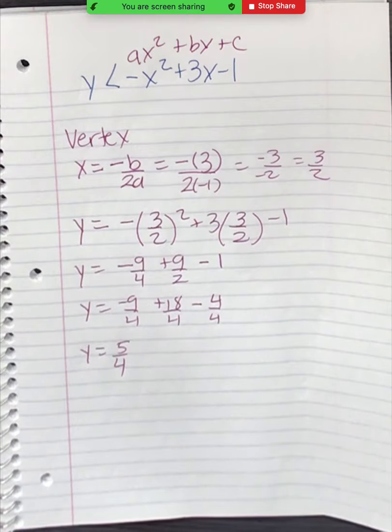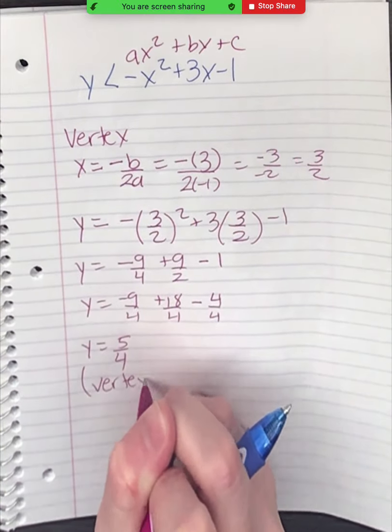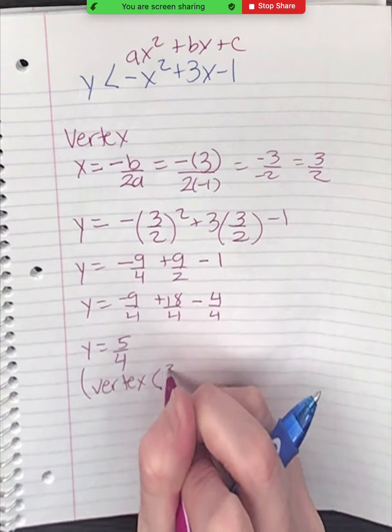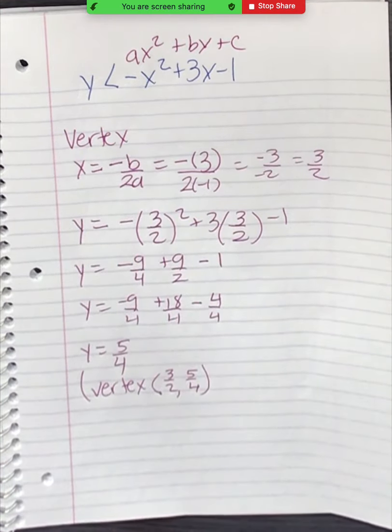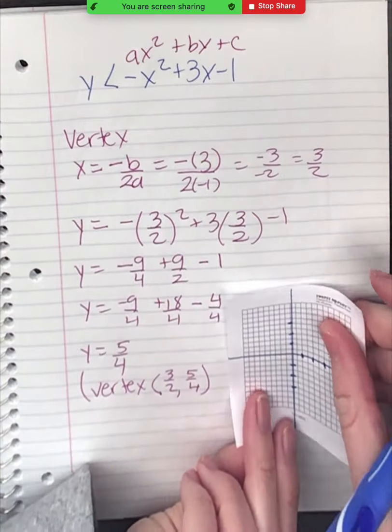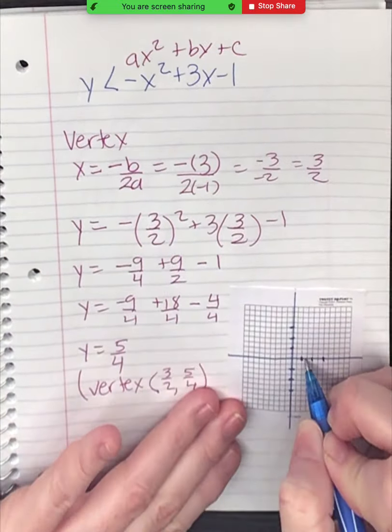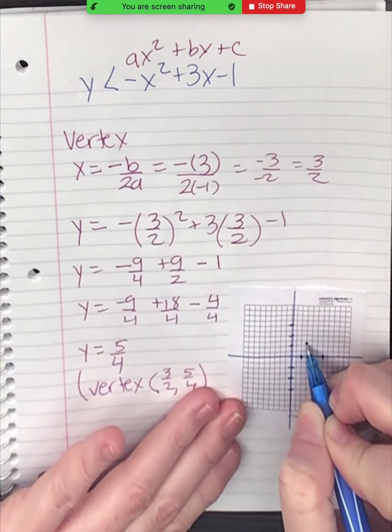Okay, so your vertex is at 3 over 2, 5 over 4. So that's 1 1/2, 1 1/4. So 1 1/2 to right about there, okay?